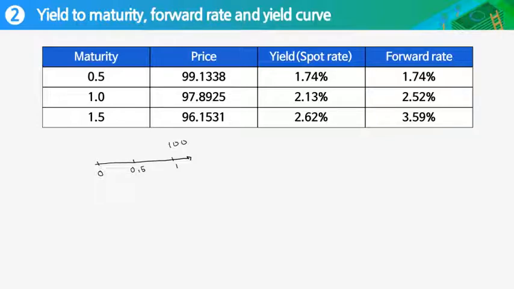Then the value of this contract at this point is, as we learned, this one. One is $100 multiplied by e to the power of, since it is 1 year, we have to use 2.13% and 1 year.